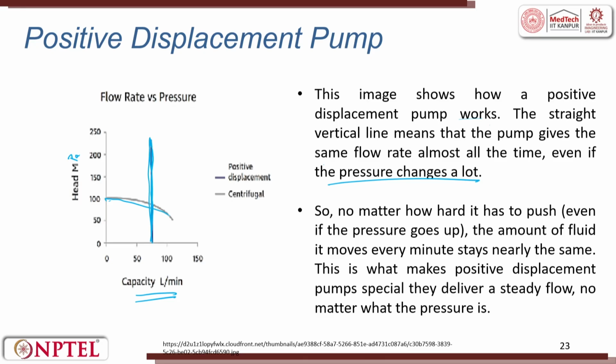The curve which is drooping down is the centrifugal pump, which we already discussed. The flow rate is a constant.